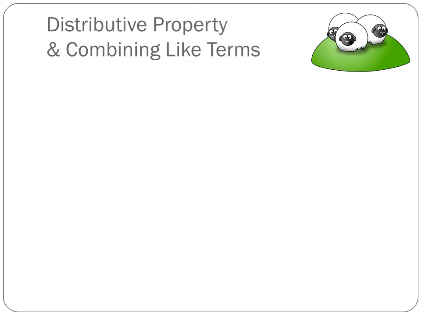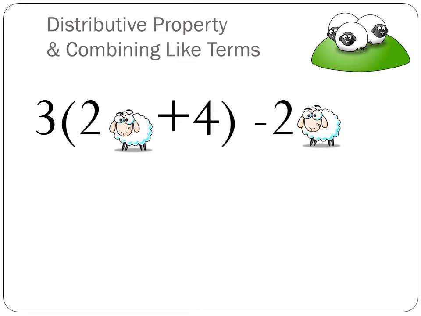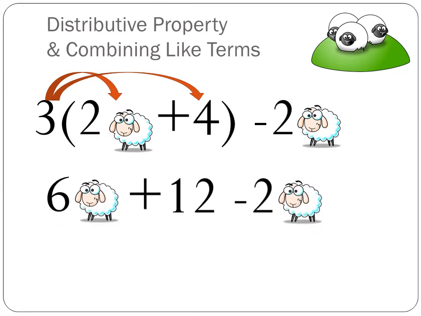The distributive property in combining like terms. So now I have 3 times, because remember parentheses tell me to multiply, 2 sheep plus 4 minus 2 sheep. I have to multiply everything on the inside of the parentheses by what's on the outside of the parentheses.